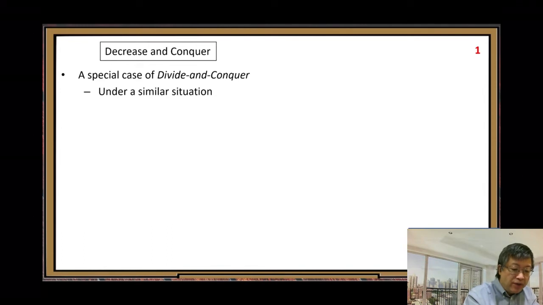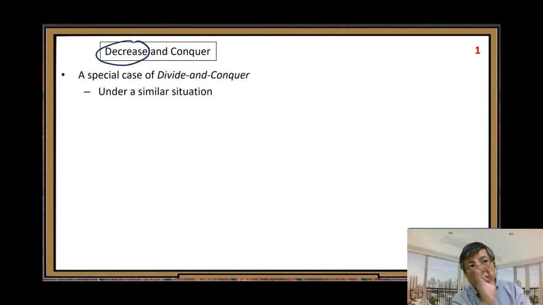Decrease and conquer. This is the terminology used in our textbook. It is not a common way to call it, because in most other algorithm books, textbooks, and reference books, they do not call it this way.